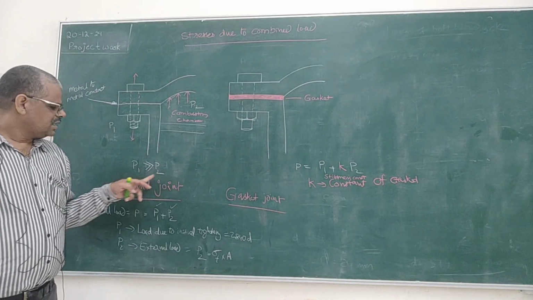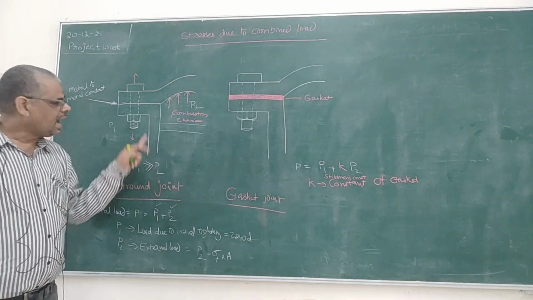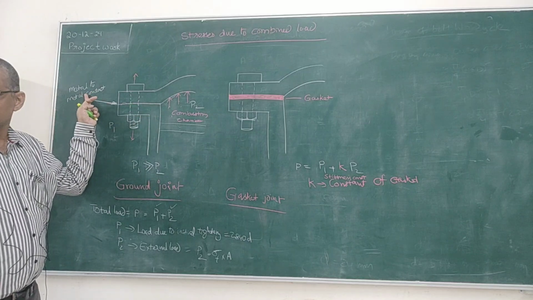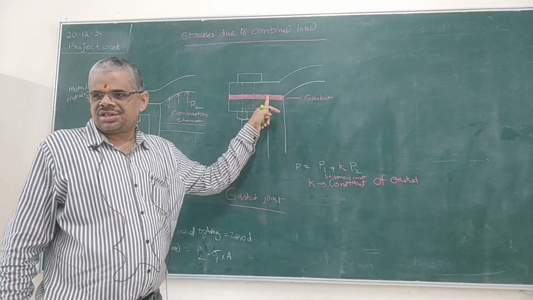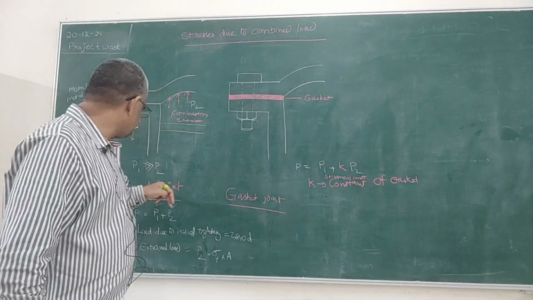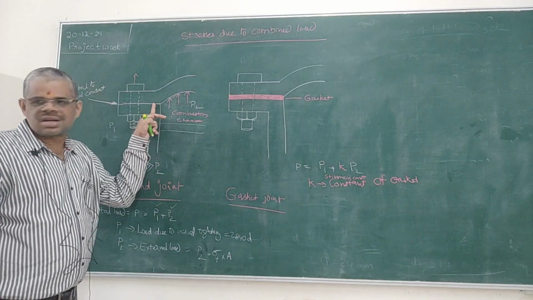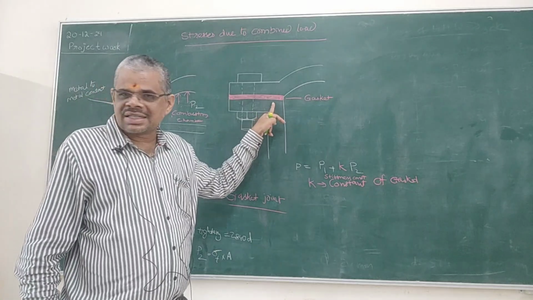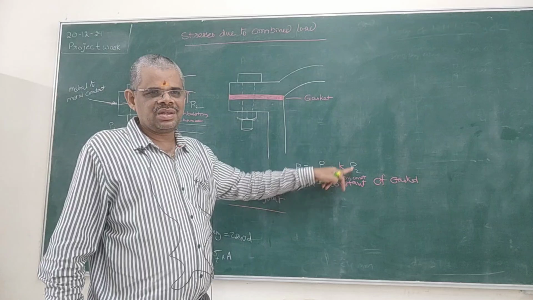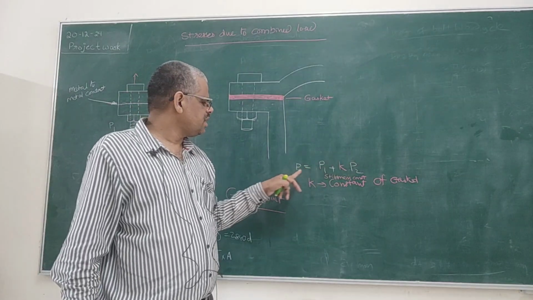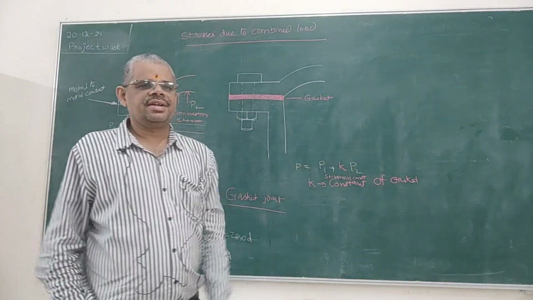External load kanta initial load is much greater, so much that it can sometimes be neglected. In that case we can use a joint like this, a metal to metal contact joint. If that is not possible, then you have to go for this gasket. So only if we can apply an initial load much greater than the external load can we use a direct joint, otherwise you have to go for the gasket. So in case there is no gasket, then the K will become 0. K 0 aindante the total load must be equal to the initial load only. In that case it can be neglected.